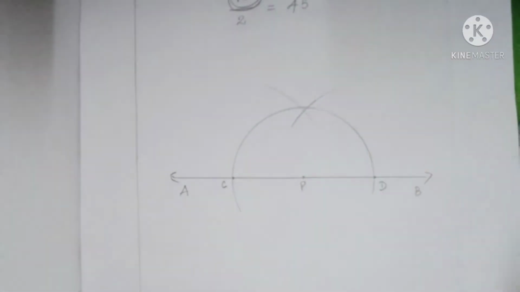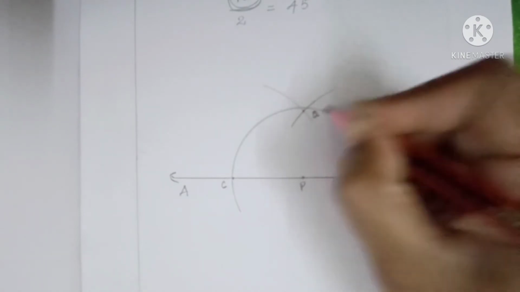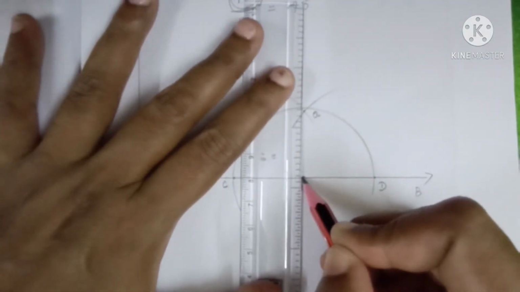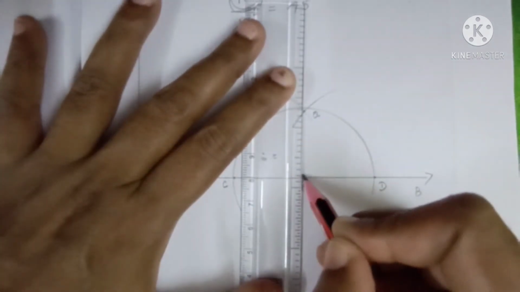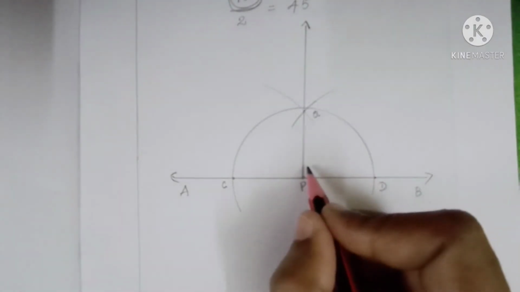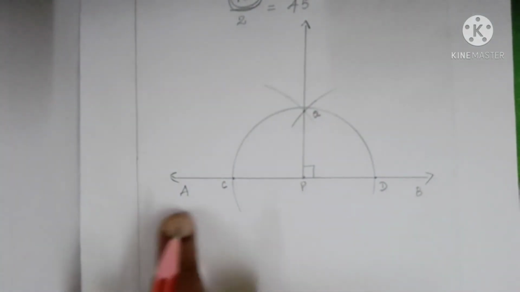It cut at Q. Join P and Q. Now we get a perpendicular line. That means it makes an angle 90 degree.